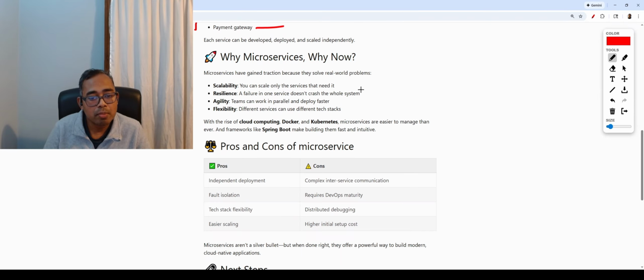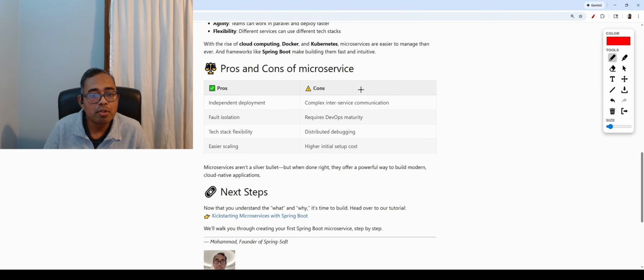So let's look at the pros and cons of microservices. Pros: independent deployment, as we discussed, you can deploy individual services independently. Fault isolation: if one service breaks down, it does not bring down the whole system because they are separate services.